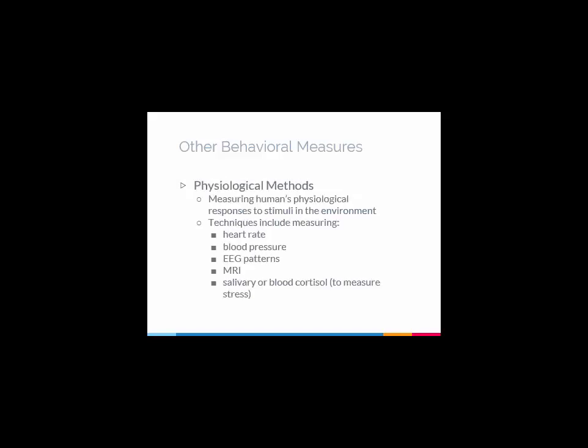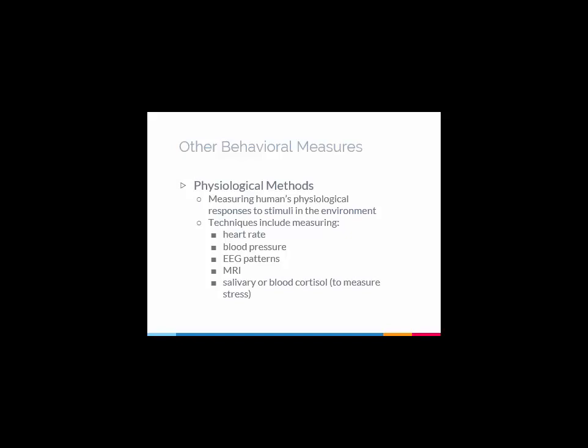Finally, we could also measure people's behavior using physiological methods. Here we would measure humans' physiological responses to stimuli in the environment. Techniques include measuring heart rate, blood pressure, EEG patterns, MRI, or salivary or blood cortisol to measure stress, for example.